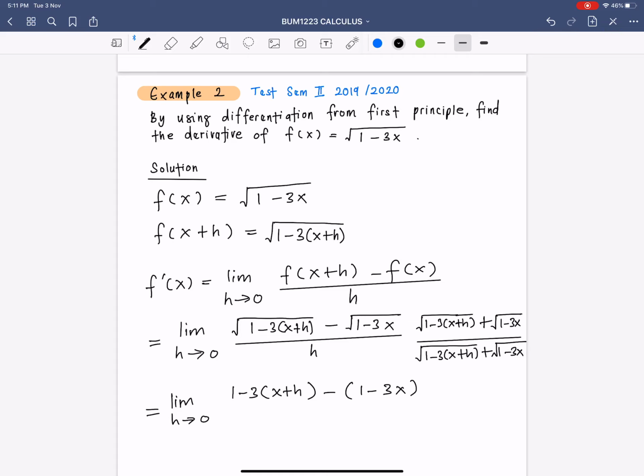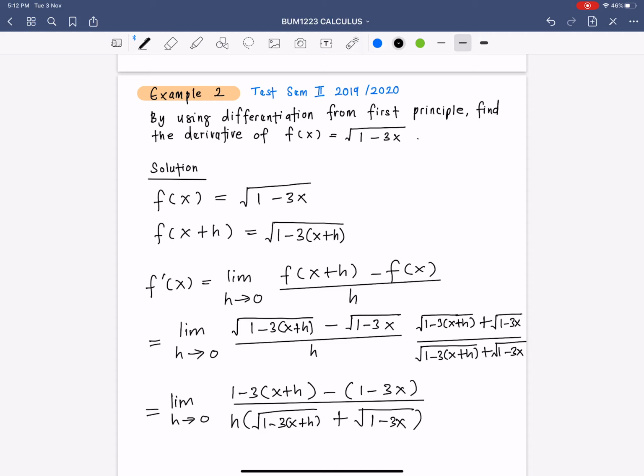You must have the brackets here. For the denominator, you don't do anything, you just leave it as it is: h multiplied by root of 1 minus 3(x plus h) plus root of 1 minus 3x.